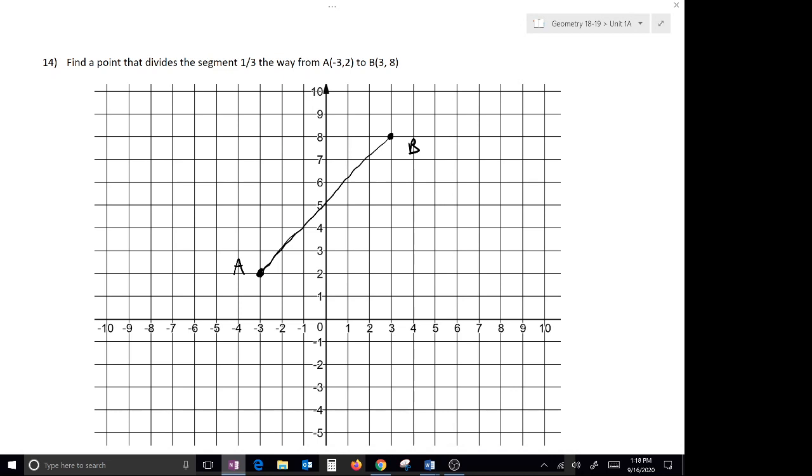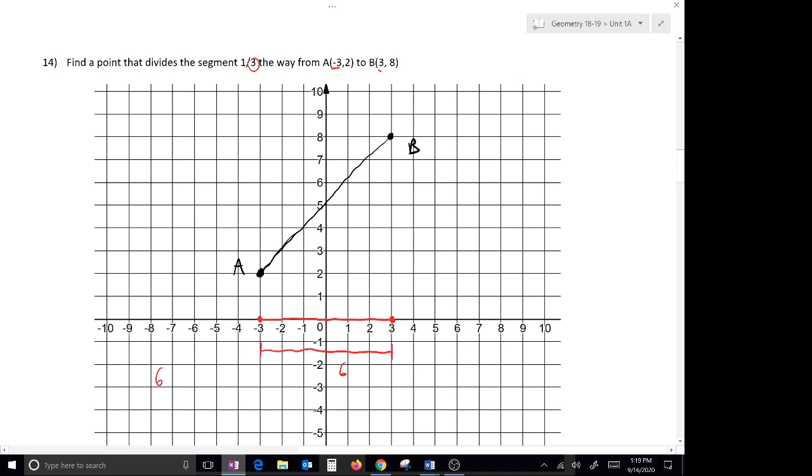We need to break it into our horizontal and vertical components. So let's look on the x. We are going from -3 to +3. So we're going to ignore everything up here. Just look at our red line segment. Okay. We're dividing it into thirds. We have a total distance of 6.